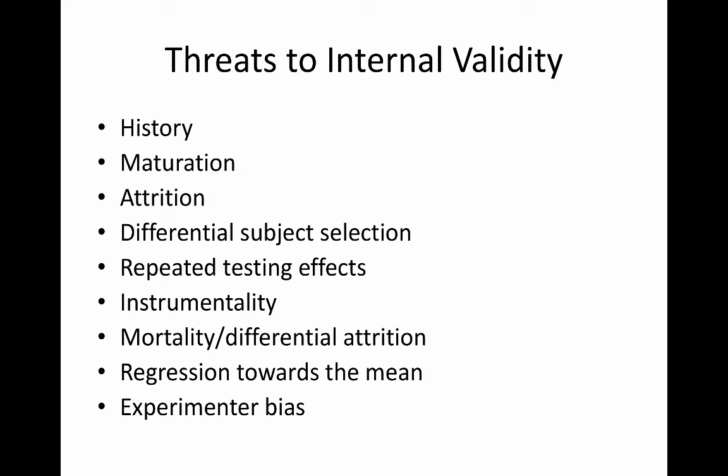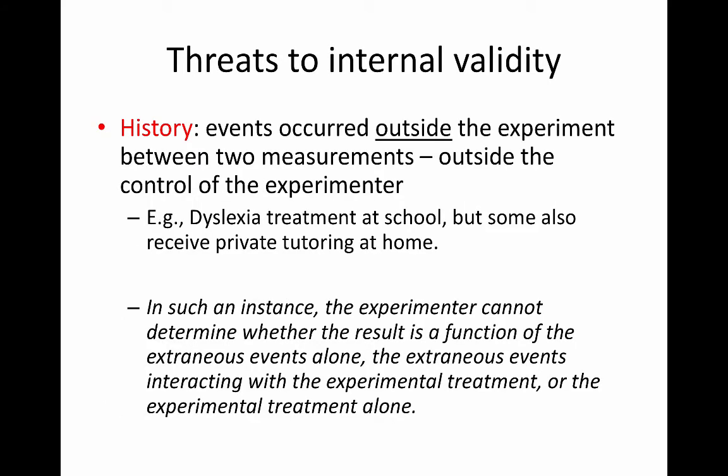Other threats to internal validity that we're going to talk about are history, maturation, attrition, differential subject selection, repeated testing effects, instrumentality, mortality, differential attrition, regression to the mean, and experimental bias. History: events that occur outside the experiment, between two measurements, or outside the control of the experimenter.